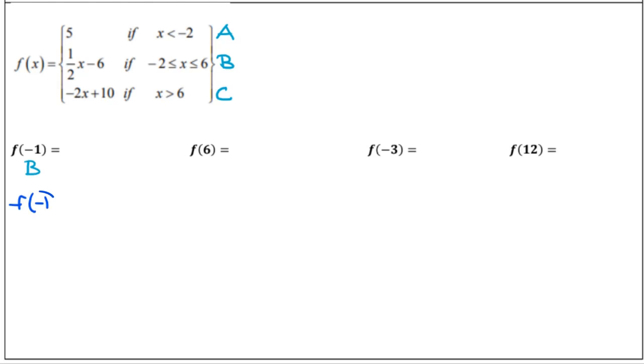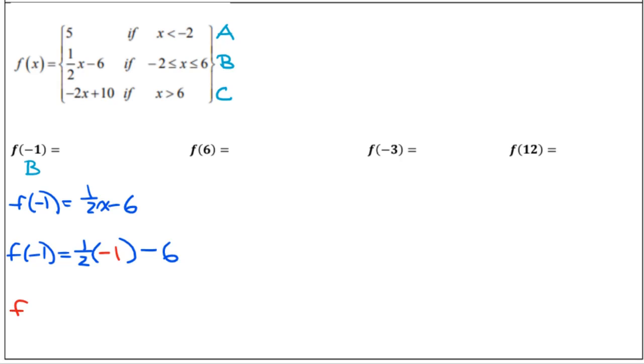And we're talking about f of -1, and if we're going to use piece B, then this is the function I'm going to write down, 1/2 x minus 6. And then once I do that, I'm going to substitute in my -1 in for x. Plug this whole thing into my calculator.